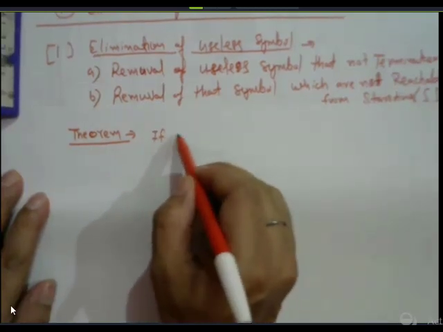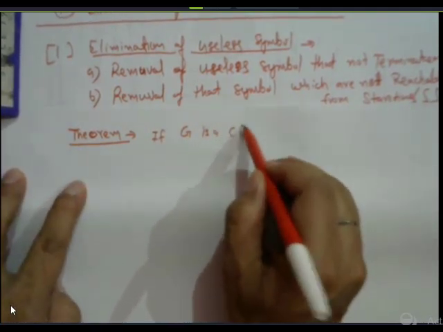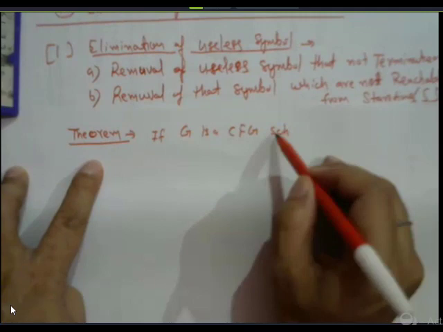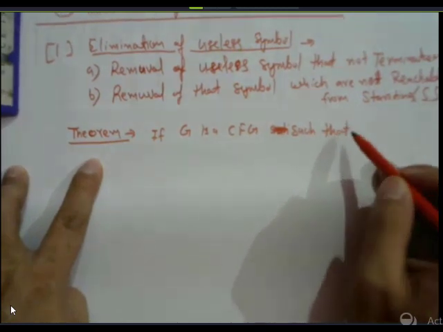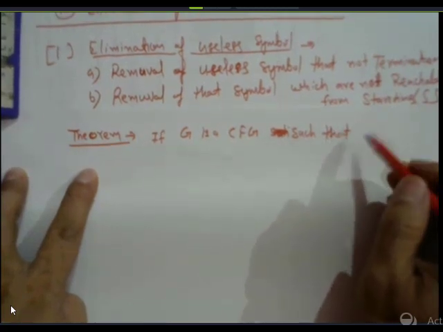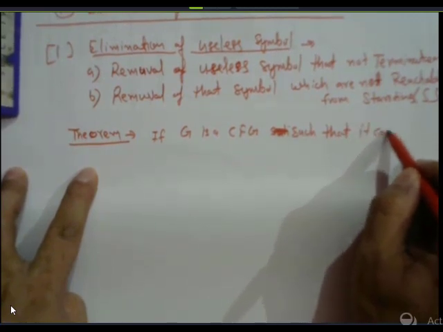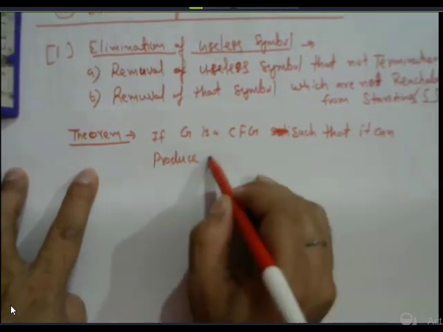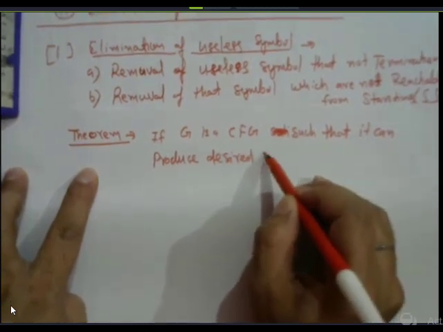If G is a grammar, meaning G is a CFG such that it can produce the desired results, a desired language.